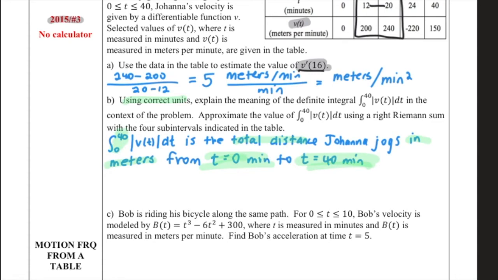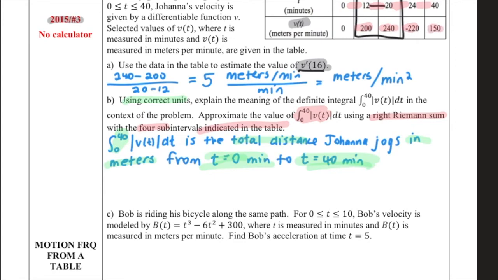I'm also asked to evaluate that total distance traveled using a right Riemann sum with 4 subintervals that are indicated in the table. So 0 to 12 is 1, 12 to 20 is 2, 20 to 24 is 3, and 24 to 40 is 4. I'm going to make sure I pull up these numbers on the right side.